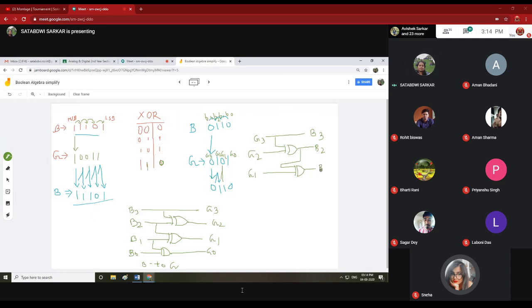This is B1. Let's see from where we are taking this. Actually, we are taking this B2. This is B3. This is B2. And we XOR with this B2. B2 and G1 are XORed and we will get the next output B1. So B1 and G0 will be again XORed and we will get the final output B0.